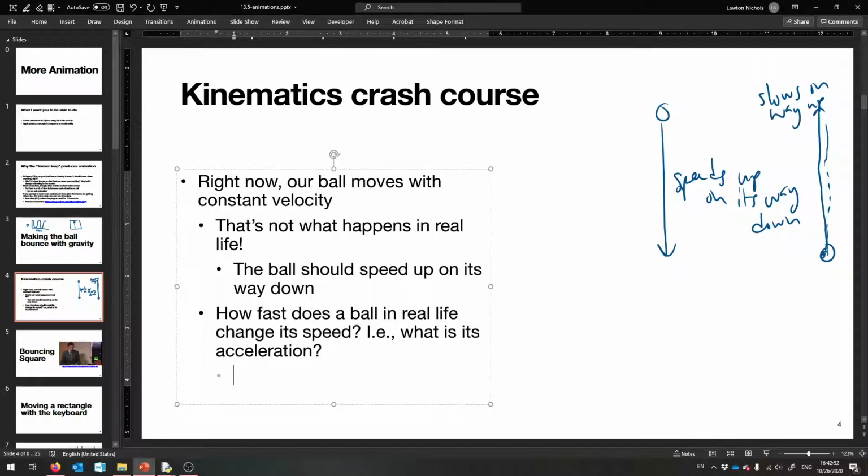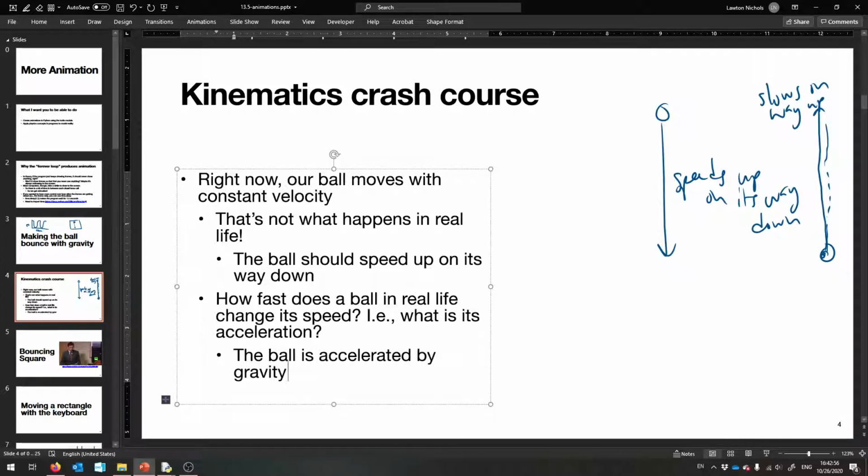The ball is accelerated by gravity. And gravity affects speed at a constant rate. It accelerates things at a constant rate. 9.8 meters per second squared. Okay, maybe you remember that.